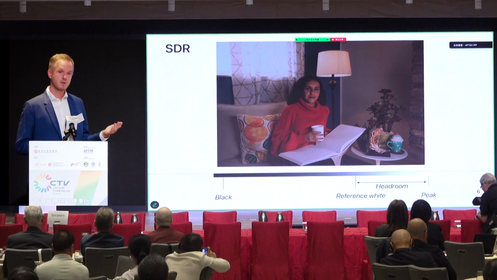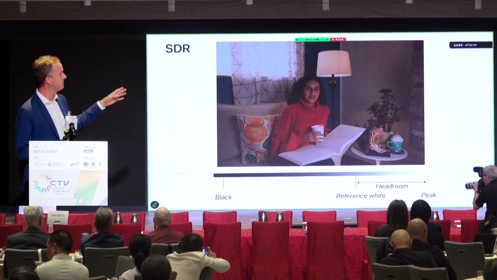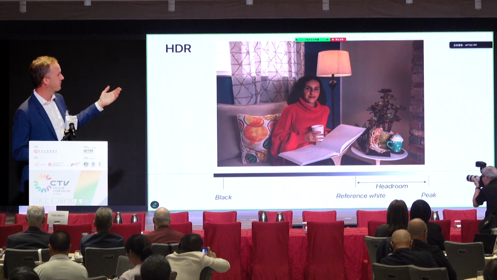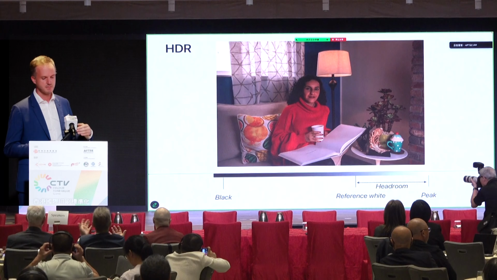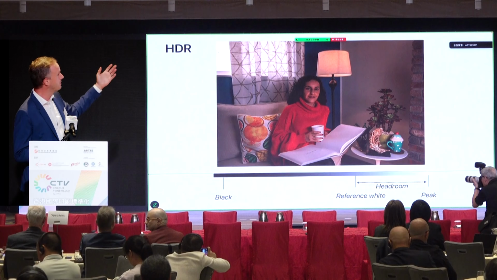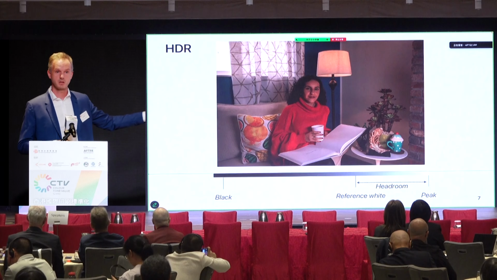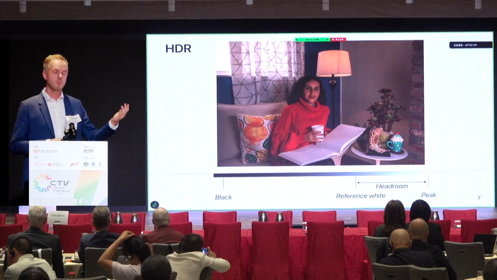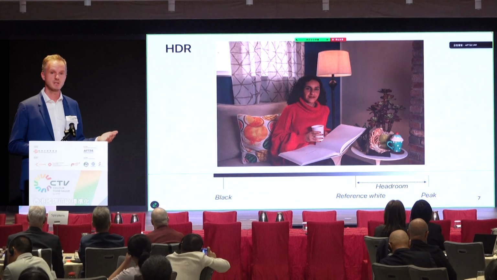Now, when you transition to HDR, and of course this is just a simulation because we're not actually using an HDR display here, things are going to be done slightly differently. Suddenly, the window in the back appears brighter than the reference white of the book and the cup. So we're using the dynamic range to show larger differences between emitting light and diffuse surfaces in the image.